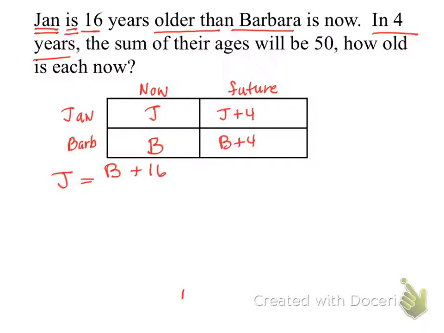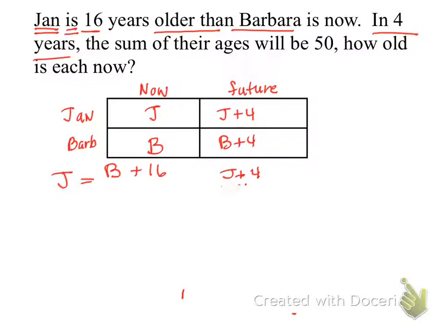Okay, how's this going to look? In 4 years, the sum of their ages will be 50. So it'll be J plus 4. J plus what? Oh, 4. So that's Jan in the future. Keep going. Equals.